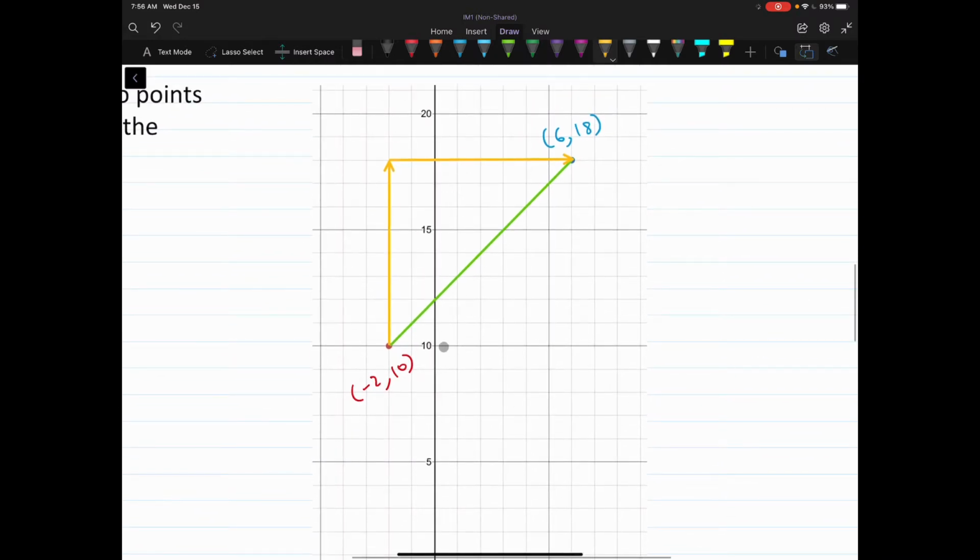Starting from 10 all the way to 18, right? So 10 to 18, that's just going to be 8. You could count it 1, 2, 3, 4, 5, 6, 7, 8. And my run is going to be 2 units, and 3, 4, 5, 6, 7, 8. So that's also going to be 8.